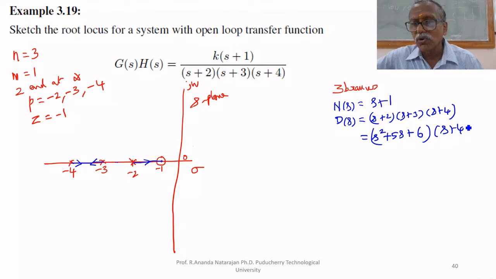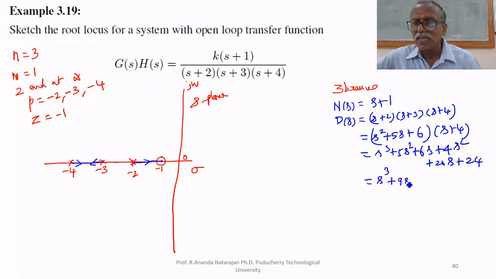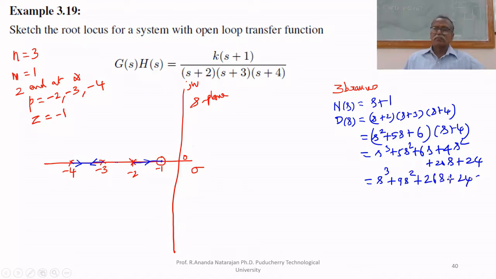That is s cube plus 5s square plus 6s plus 4s square plus 20s plus 24. That is equal to s cube plus 9s square plus 26s plus 24. That is the denominator.